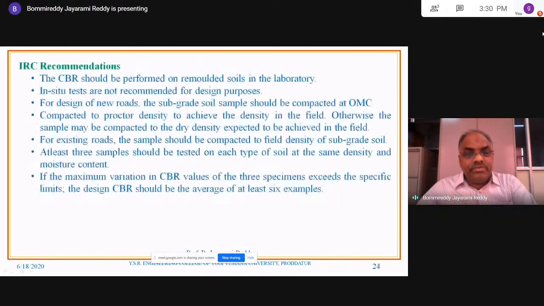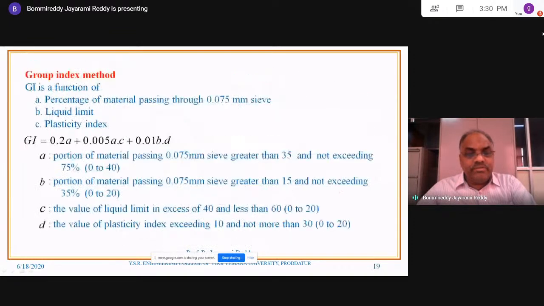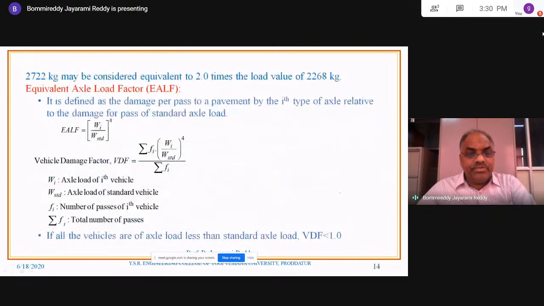Just before going to this, you can also have a look at the previous discussion. This is called the vehicle damage factor. The vehicle EALF, equivalent axle load factor, is (W / W standard)^4. For the vehicle damage factor, F1 is the frequency, the number of vehicles of weight W1 passing.